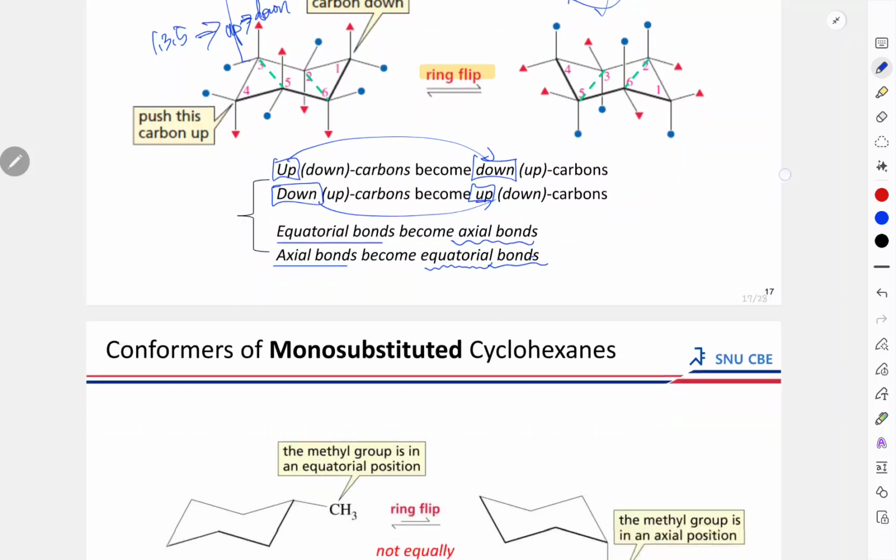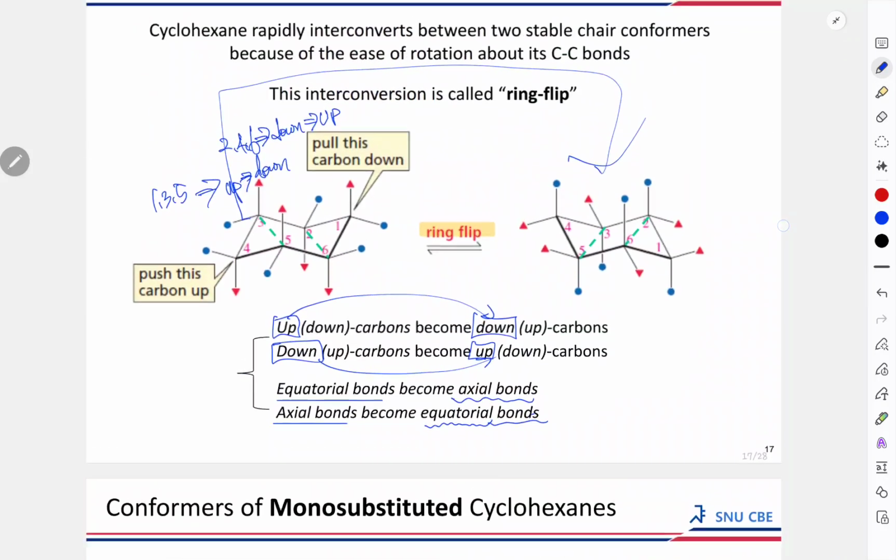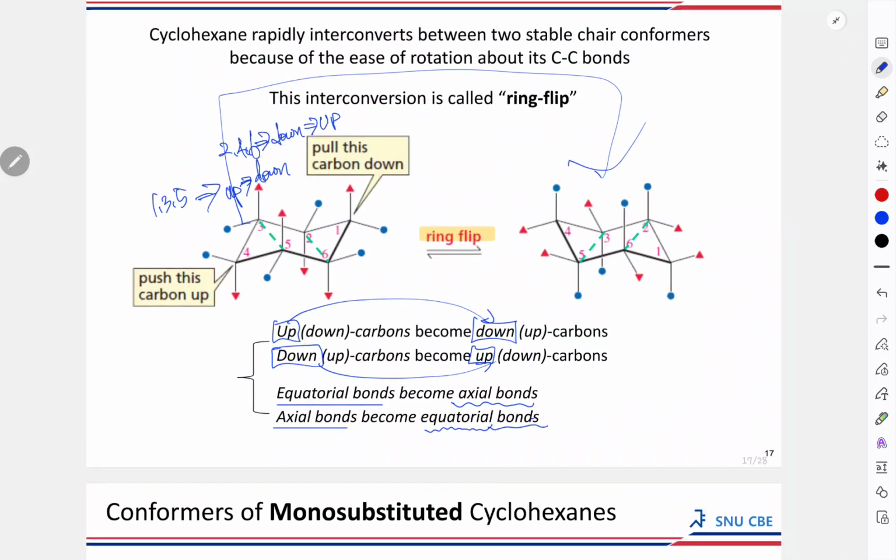You can also think about the bonds. The equatorial bonds, all the blue highlighted ones, become all axial. 3 of them become up axial, and the rest 3 become down axial. And all the axial bonds, the red triangles, become all equatorial.